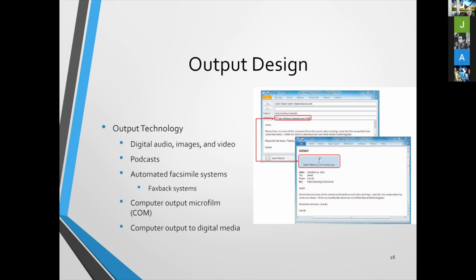Or you may have digital media, for example film, a CD to record your data, a backup tape for storing your output, or a flash drive to save those outputs as well.